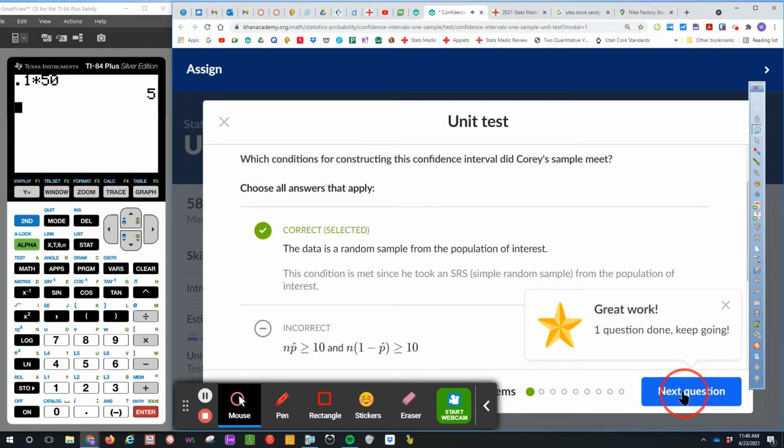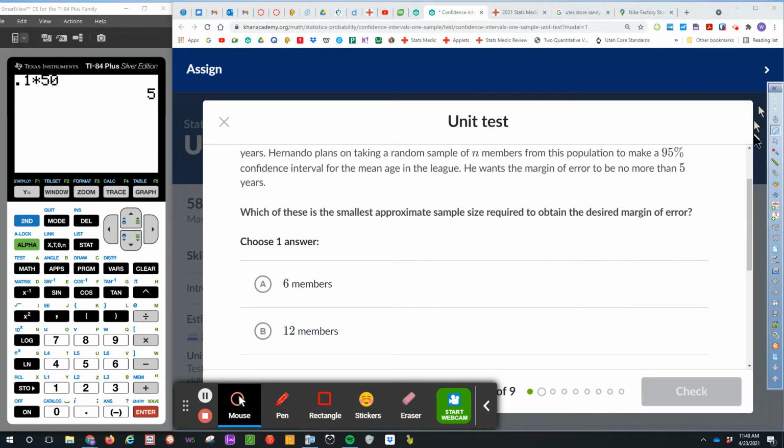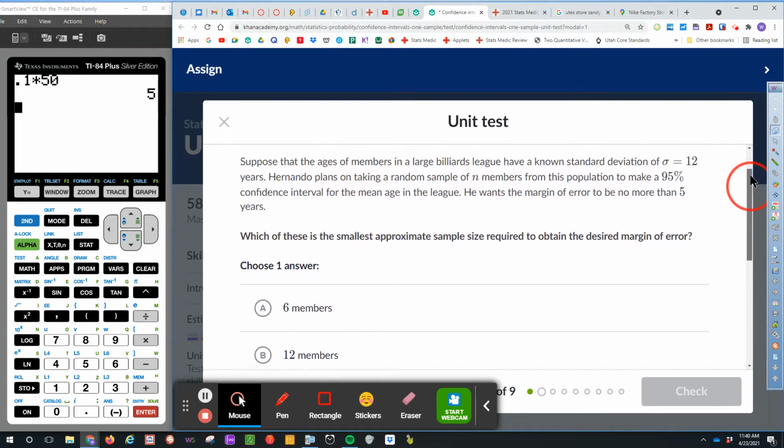All right. Next one. Let's see. Suppose that the ages of members in a large billiards league have a known standard deviation of sigma equals 12 years.